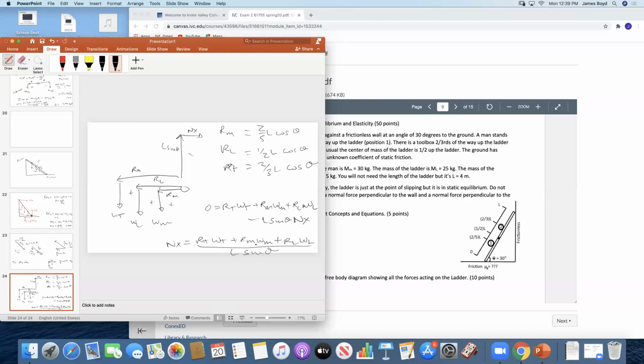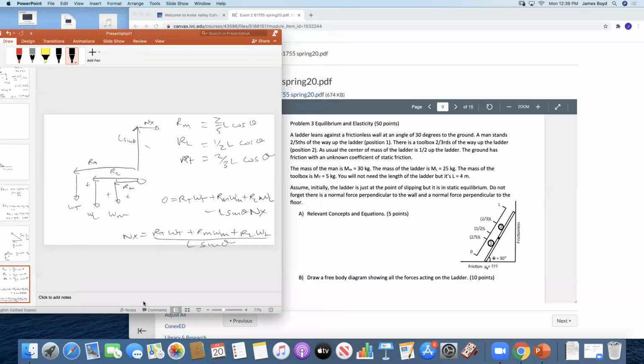That's easy to do, right? Because you know the mass of the toolbox. You know that this is mg for each one. So 5 times that. You can find each of these.